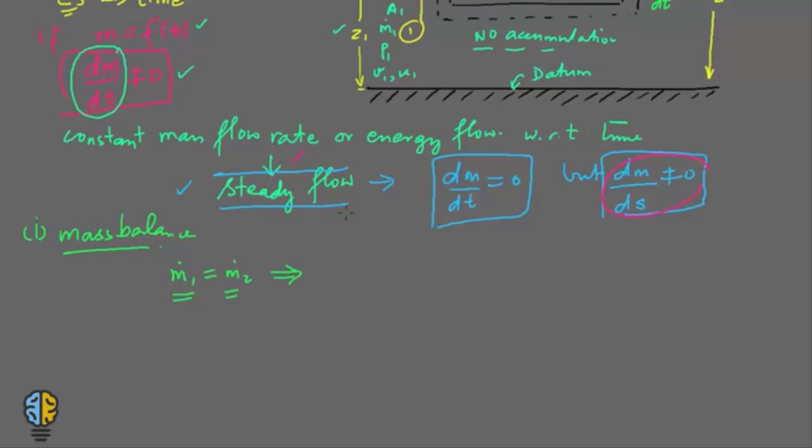Now this means that A1 V1 by small v1, that is the specific volume, is equal to A2 V2 upon small v2, that is the specific volume at section 2. This equation is known as the equation of continuity.